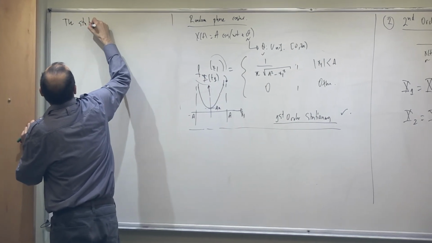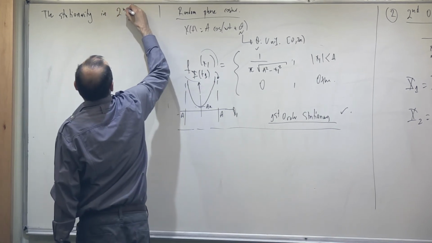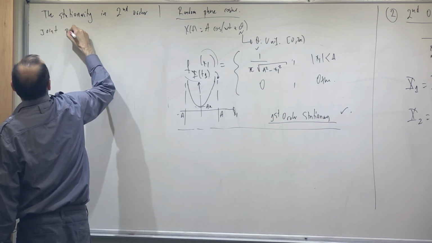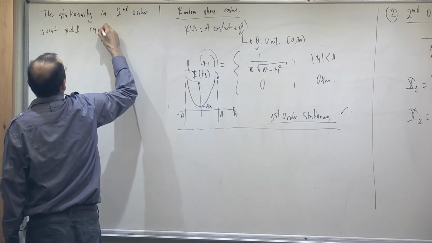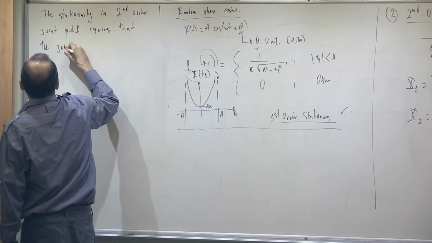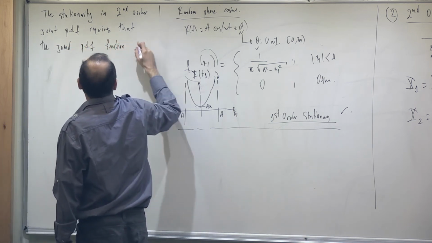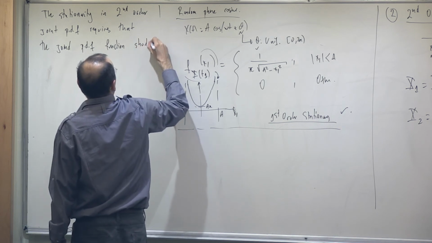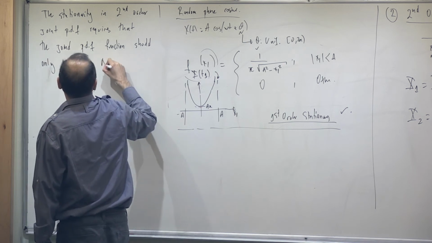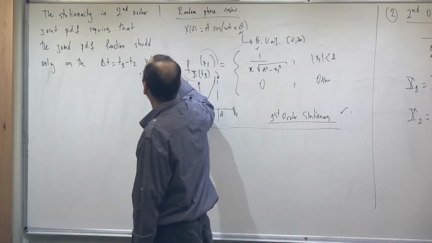The stationarity in second order joint PDF requires that the joint PDF function should only depend on delta t, let's say T1 minus T2 value.